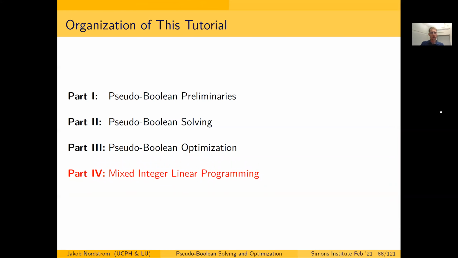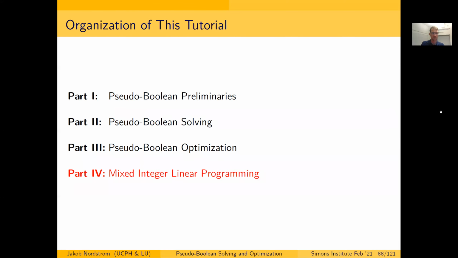That ends part 3 of this tutorial. So we've now talked about what pseudo-Boolean problems are, how to solve decision problems, and how to solve optimization problems. But as you saw, the annoying thing is, as we developed these solvers, often, not always, but often it turned out that mixed integer linear programming solvers were also very good at solving these problems, or even better.